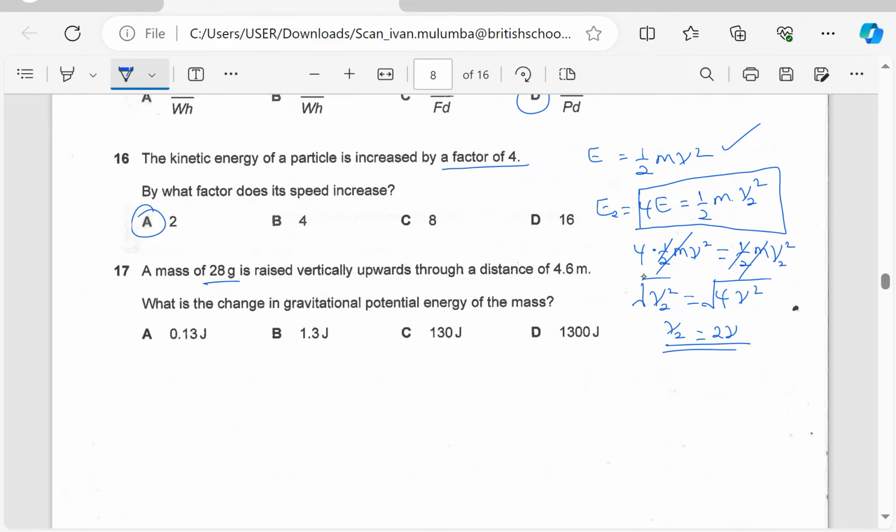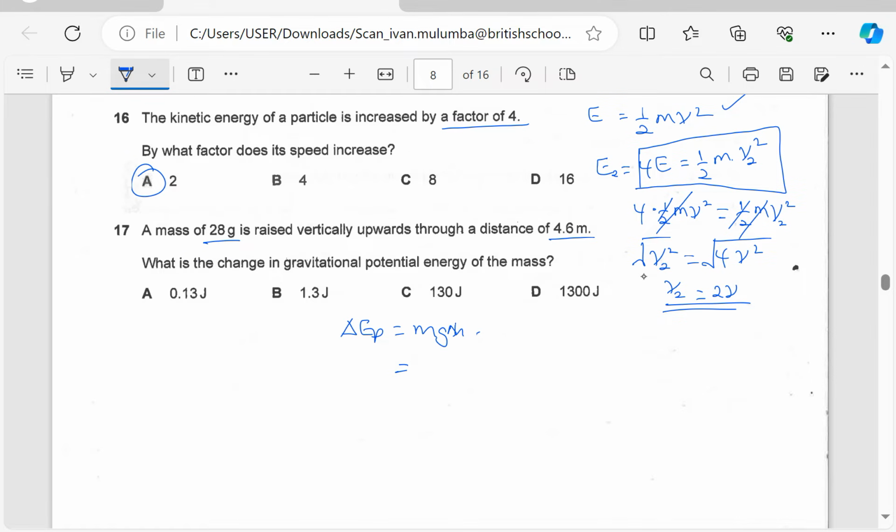A mass of 28 grams is raised vertically upward through a distance of 4.6 meters. What is the change in the gravitational potential energy of the mass? This is a very easy question. So the change in gravitational potential energy is mgh, or mg times the change in height h. So this is direct.